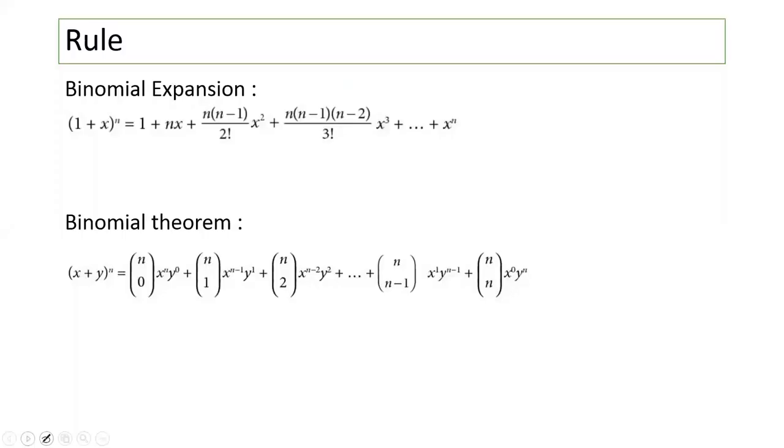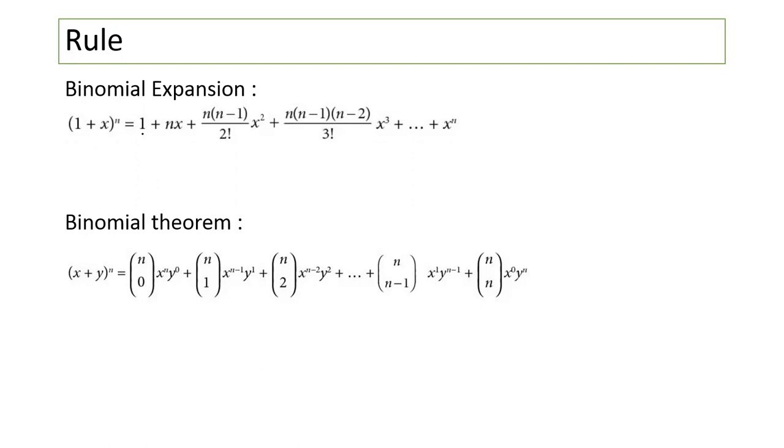Okay, firstly, I'm going to show you the rule of binomial expansions, or the binomial theorem. The rule is like this: (1 + x)^n equals 1 + nx + n(n - 1) over 2 factorial x squared, and so on.